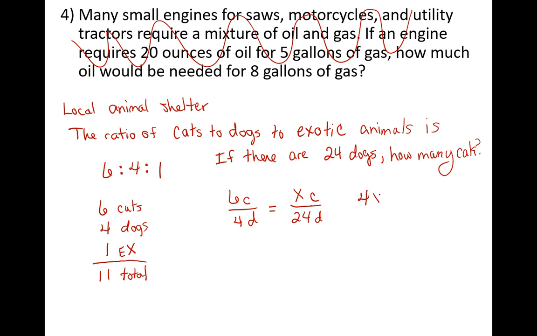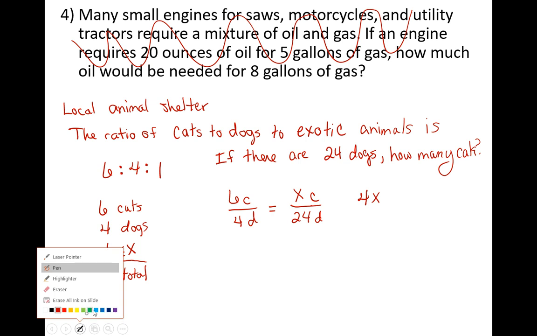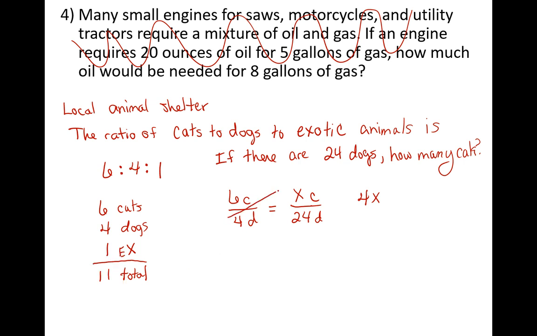I get 4X. Make sure you know what I'm multiplying. When I cross multiply, I'm multiplying 4 times X. I'm multiplying 24 times 6. Well, 24 times 6 is 144.